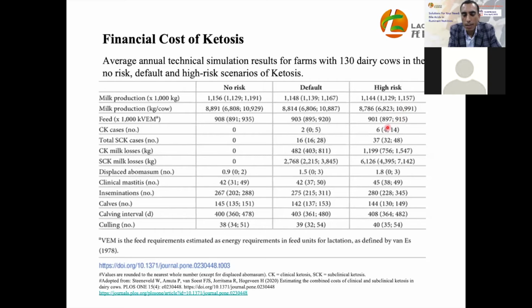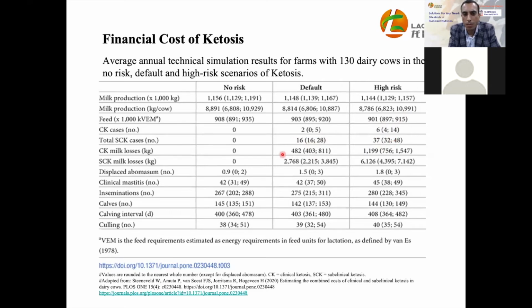When the risk is high, we have 6 cows, which is about 5% clinical ketosis. For subclinical ketosis, in the default, 16 cows, equal to around 10%. And for the high risk, 37 cows, around 30%.